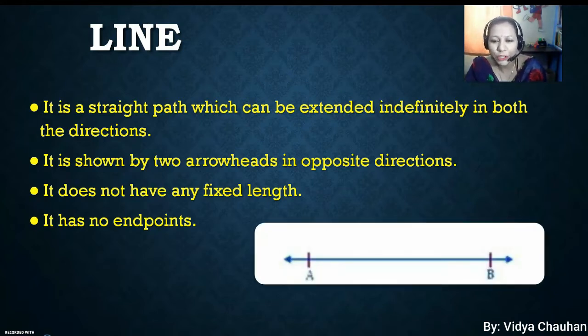Here in the image you can clearly see there is a line AB, and on both sides there are arrows. These 2 arrows represent that it is a line.